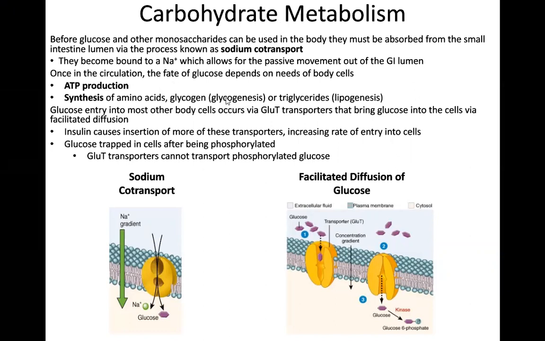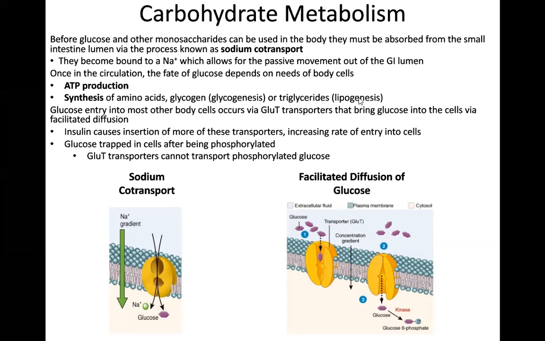There's one of those 6 buzzwords that I wrote down for you guys here not too long ago in our endocrine lecture. Glycogenesis is the formation of glycogen from glucose. If we eat a whole bunch of sugary stuff, we'll end up getting fat, right? It's because we can actually convert glucose to fats, triglycerides, a process called lipogenesis.